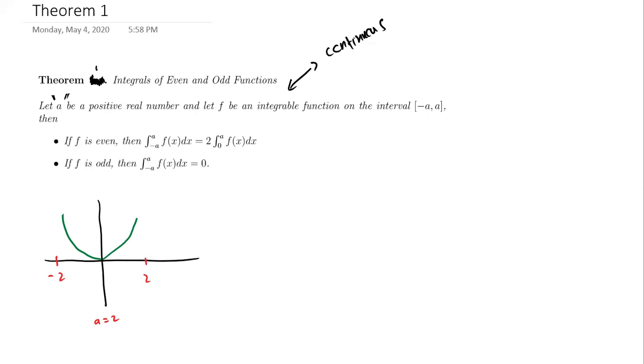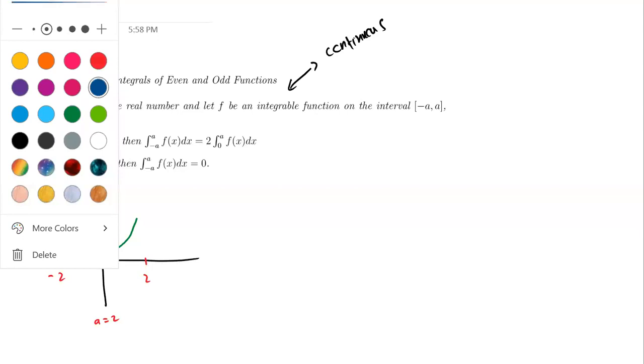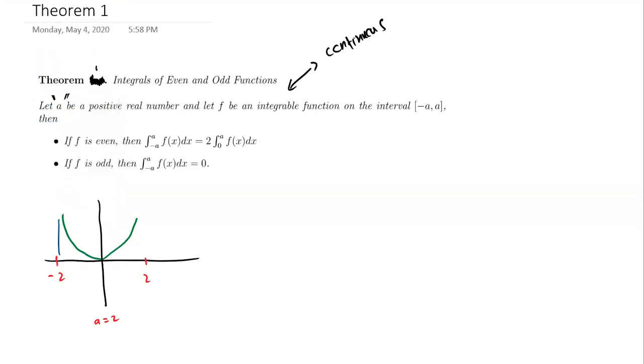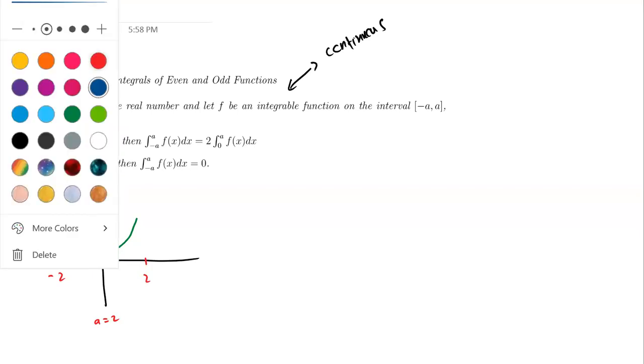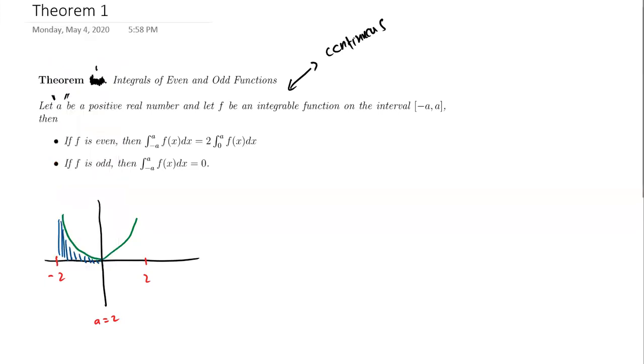Now, see what's happening with the net area. Because remember, a definite integral is calculating net area bounded by the function and the x-axis. So if you notice, the area to the left of the y-axis is the same as the area to the right of the y-axis.